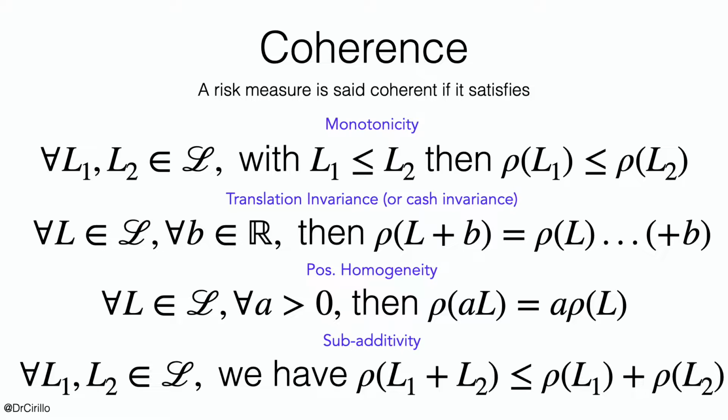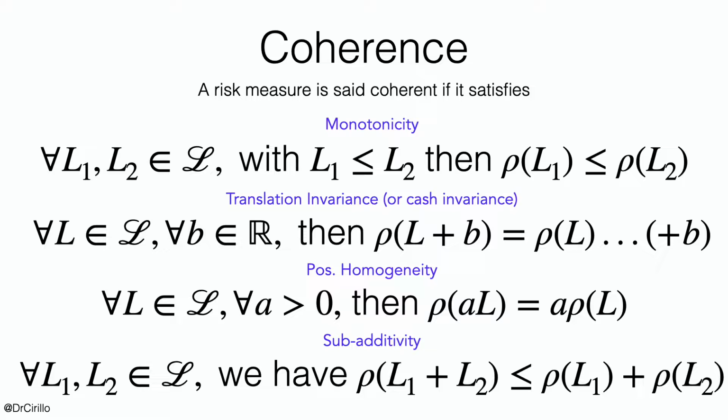Translation invariance tells us that if we consider a risky asset or portfolio and we add a non-risky asset to it, say cash, then the risk will not increase. Even more, it can decrease, given that the added cash can already play the role of reserve capital. Now, since cash invariance can be defined with or without the plus b term on the right-hand side of the equality, we put that into brackets for the moment.